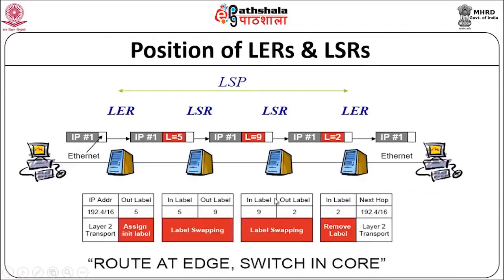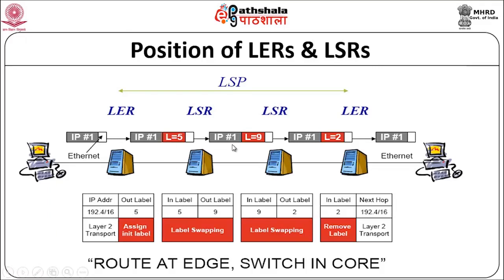So you can see exactly what will happen over here. An IP packet comes in over the Ethernet. This is the Ethernet header, this is your IP header. Now at the LER here, between the Ethernet header and the IP header, a label is inserted. Let's say L equals 5. How is the label 5 inserted? That is done by looking at the forwarding table, where you have the IP address and the out label specified.